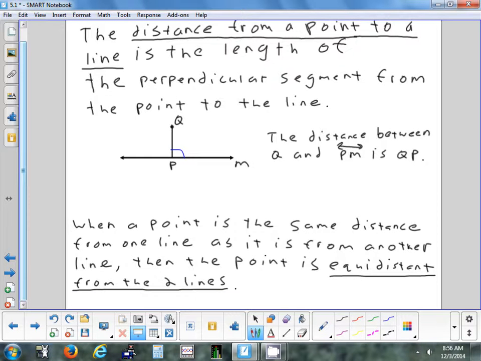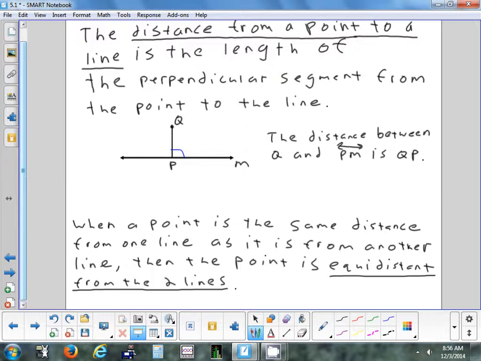We talked about this idea of equidistant earlier. We're just applying it in a little bit different way. If you have a point that's the same distance from two lines, then we just say the point is equidistant from the two lines. I'll draw a picture of that in a second.